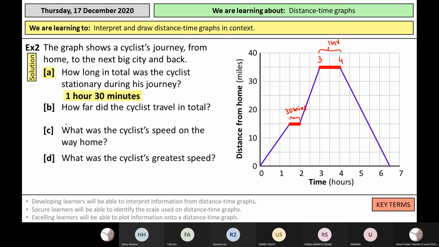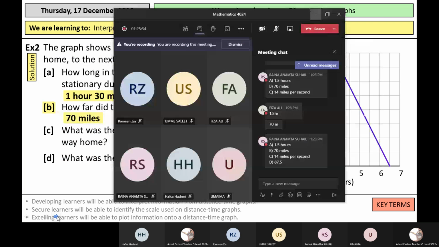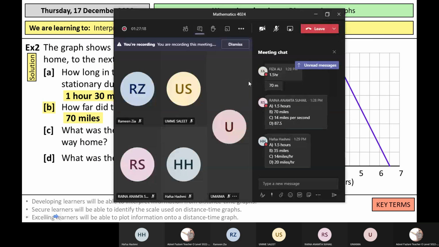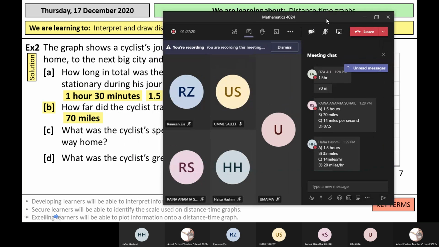Okay. Now proceeding to B. The question is how far did the cyclist travel in total? If you find the total, that is actually 70 miles.